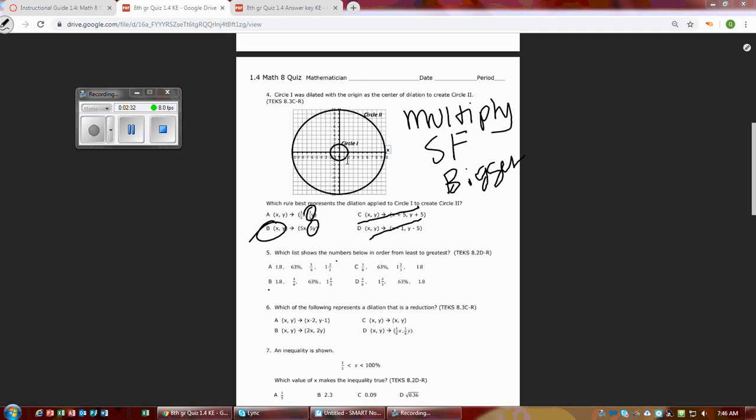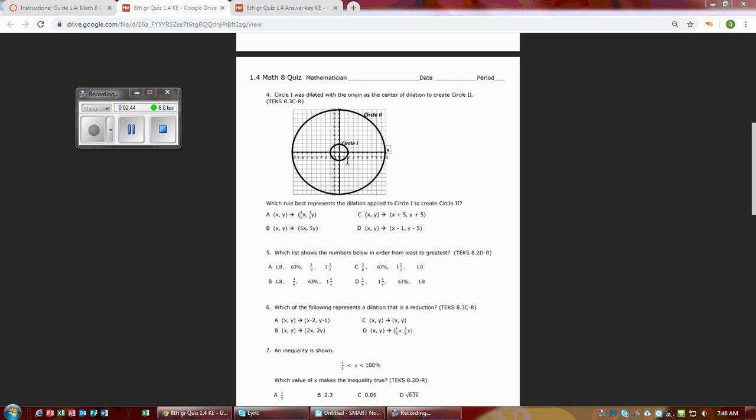Number 5, it says, which list shows the numbers below in order from least to greatest? Let me go and clear this off because it's a hot mess. Alright, so I'm going to do the work up here just so that I can do it right. I noticed that they all have the same numbers, so I'm just going to start with A. I have 1.8, that's in decimal form.